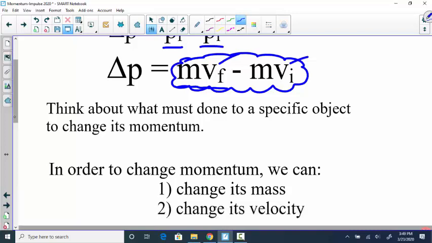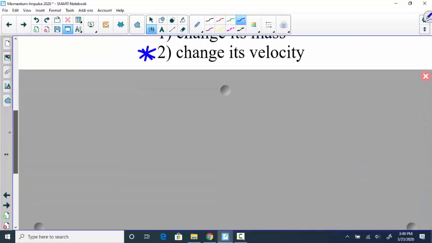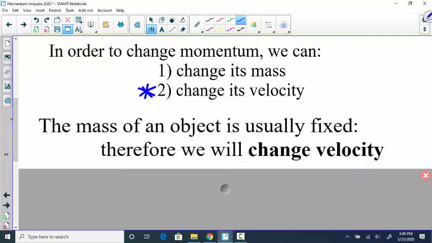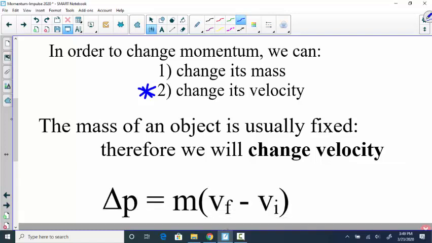But what is easier, I should say, is changing the object's velocity. That is something we can do just by applying an outside force to an object. So the mass of an object is usually fixed, and what we're going to do is change the velocity. If we have the mass fixed, then our equation becomes the change in momentum is mass times the change in velocity.